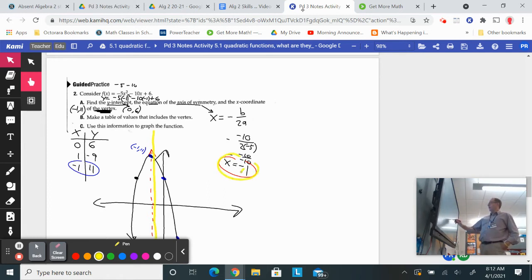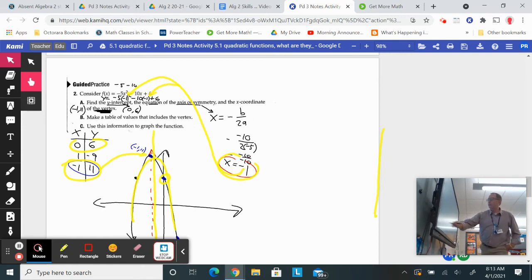And you use that value, you substitute it in where the x is, and you get an output, and that gives you the vertex, and the vertex is right up here. Then you find another ordered pair, like substitute in 0 for x, you get a 6. That's called the y-intercept. That's right here. And you just reflect it over here, and you have yourself a parabola.